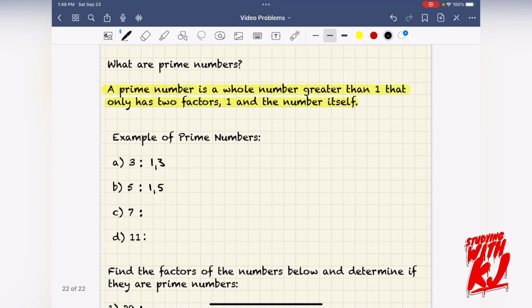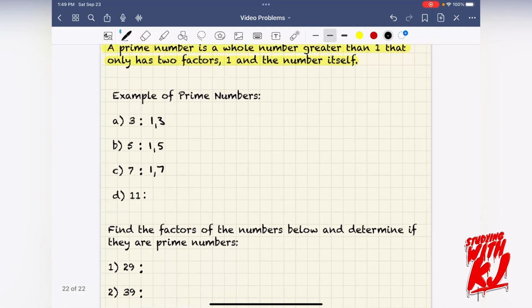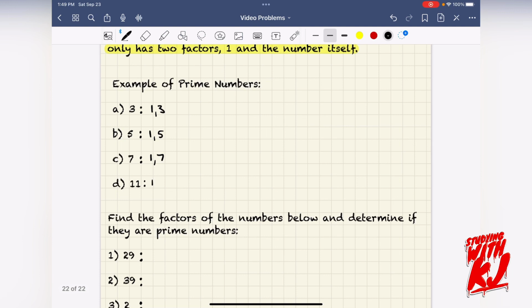The only two factors for 7 are 1 and 7. And the same thing goes for D, which is 11. The only two numbers that can be multiplied together to make 11 are 1 and 11. So those are the more common prime numbers that you will see.